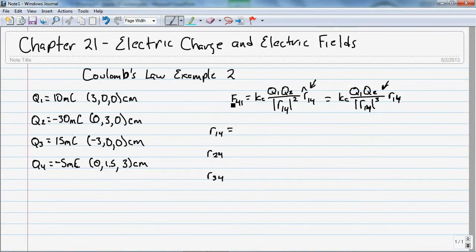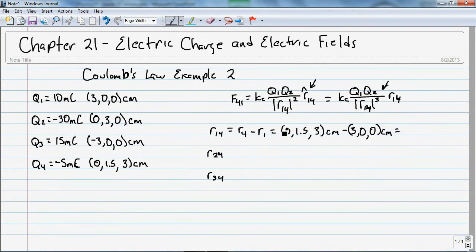Now remember that to find the vector, it's going to be R4 minus R1, and that's equal to R4, which is 0, 1.5, 3 centimeters, minus 3, 0, 0 centimeters.